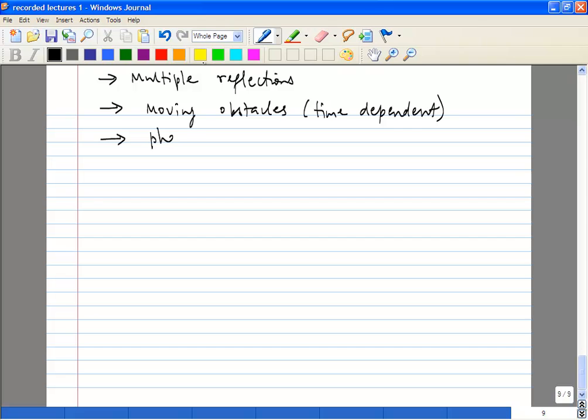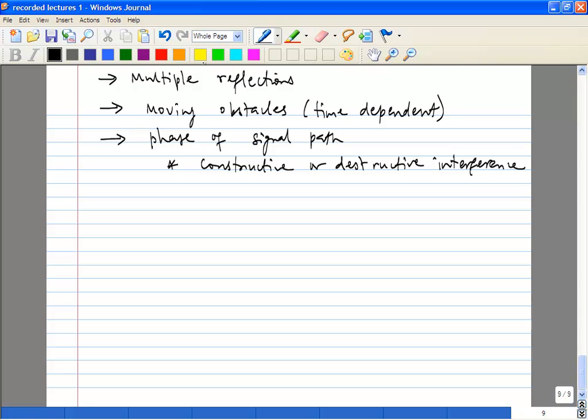The phase of the signal path matters. In other words, you could have constructive or destructive interference. So depending on all of these things, you could get a certain power profile at the receiver.